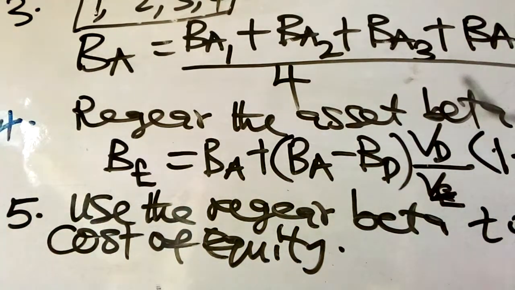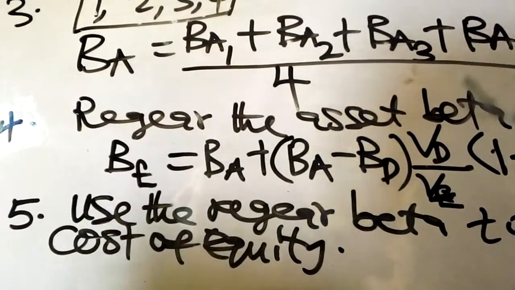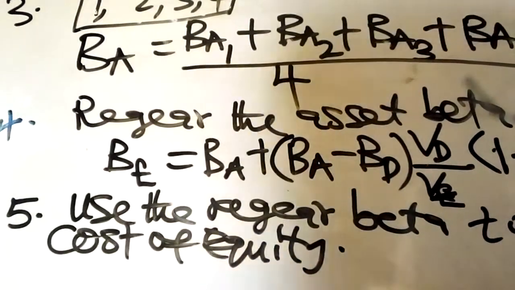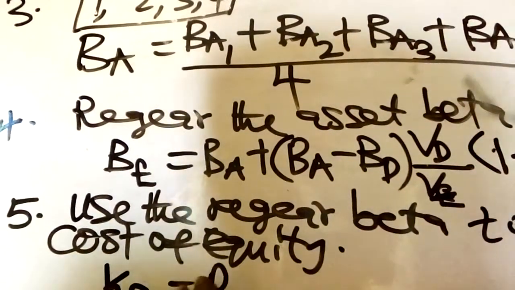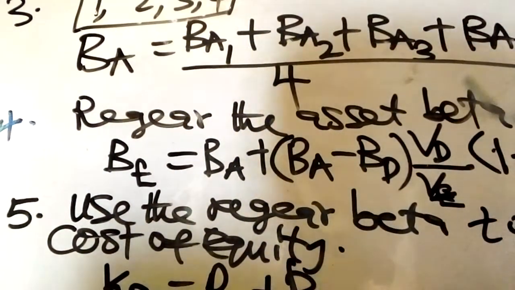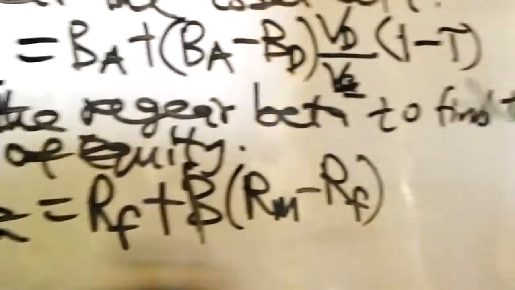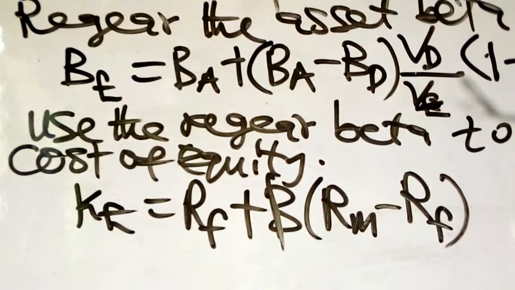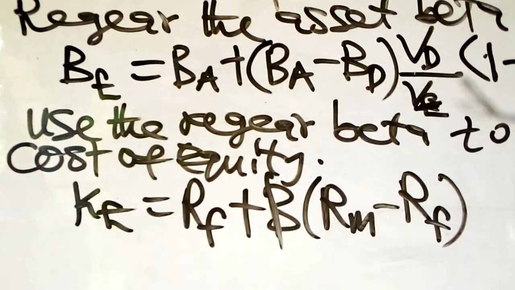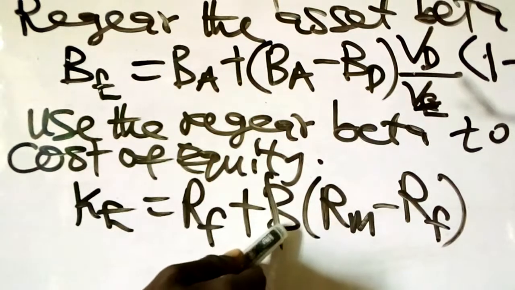So in the capital asset pricing model formula, we have cost of equity equal to risk-free rate plus beta into market return minus risk-free rate. That is the formula for finding the cost of equity. This formula will only give you the cost of equity. The beta is what you have obtained above, so you use it in this formula.